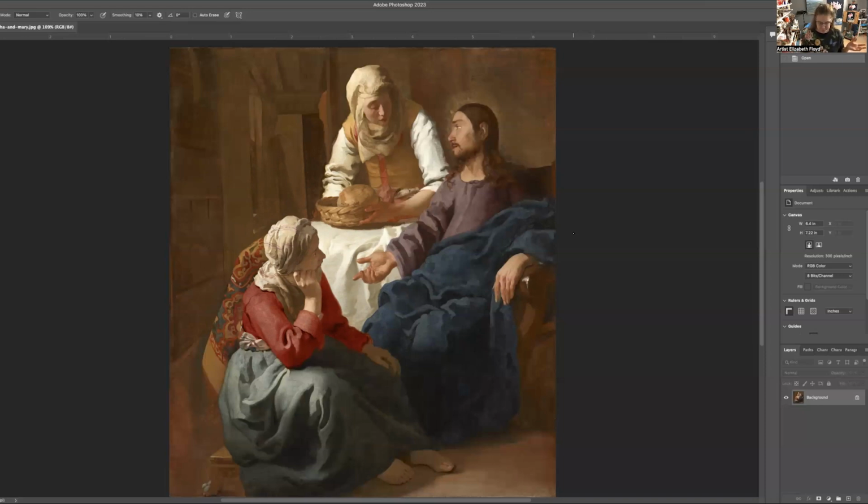And in this painting, Vermeer actually does, in my opinion, a great job of taking that parable and turning it and interpreting it in a very unique way, in that Martha is not excluded. She's actually very engaged in the contemplative role that Mary and Jesus have.